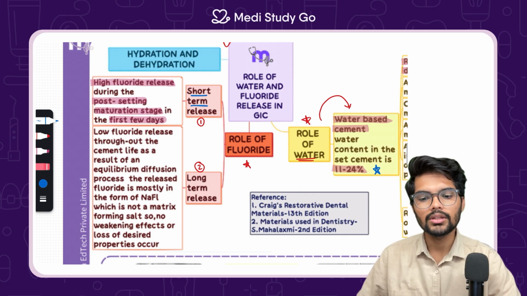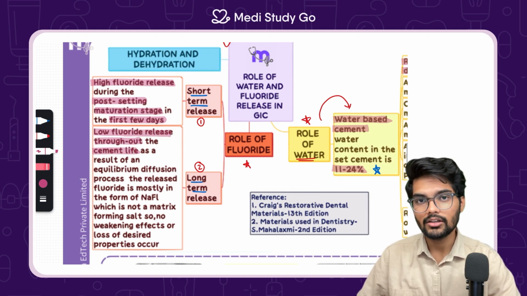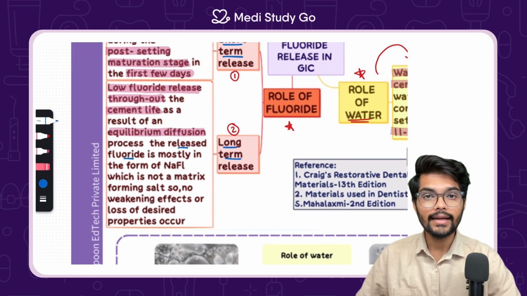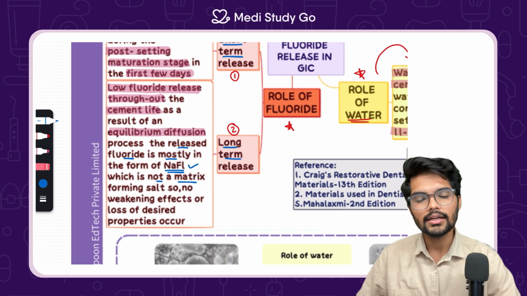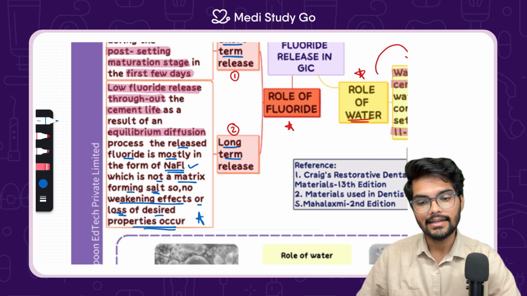Whereas when we talk about the long-term release, low fluoride release happens throughout the cement life as a result of equilibrium diffusion. And the released fluoride is mostly in the form of sodium fluoride, which is not a matrix forming salt, so no weakening effects or loss of desired properties occur, which is one of the greatest advantages.